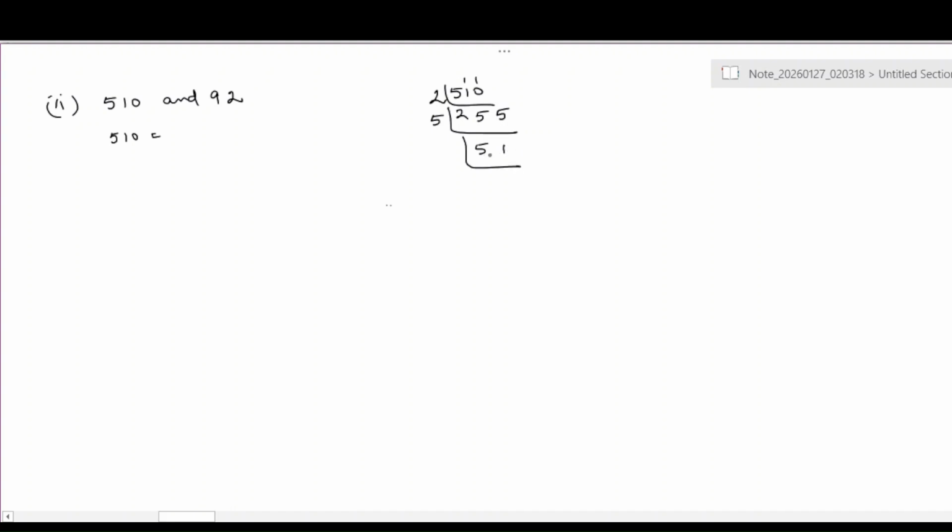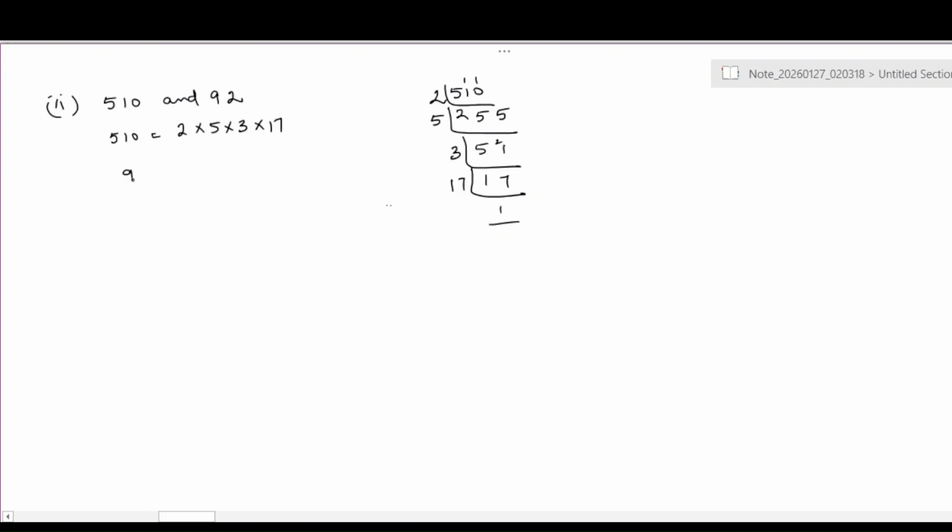When it's not an even number, next check for 3. 5 plus 1 is 6, so it will go by 3. 3 times 17 is 51. 17 is a prime number, so 17, 1. Okay, so the number is 2 into 5 into 3 into 17.